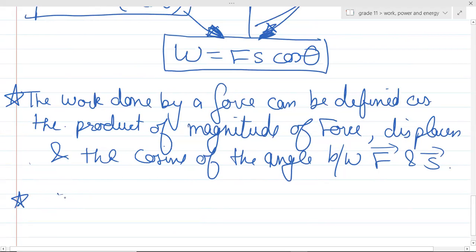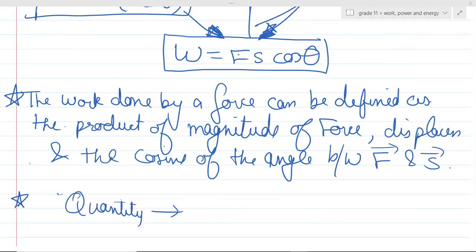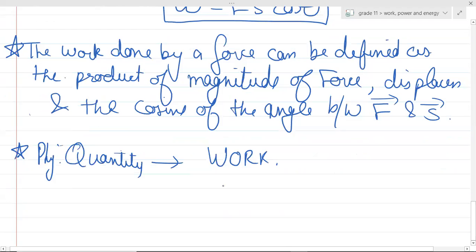Let's write about the quantity. The physical quantity is work. The formula is F S into cos theta. So guys, will you be able to give me the SI unit?